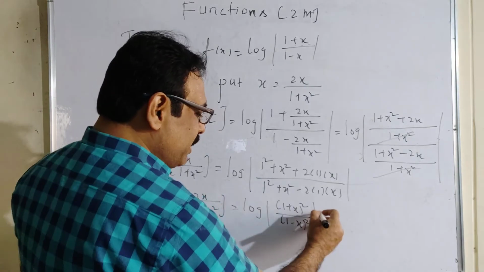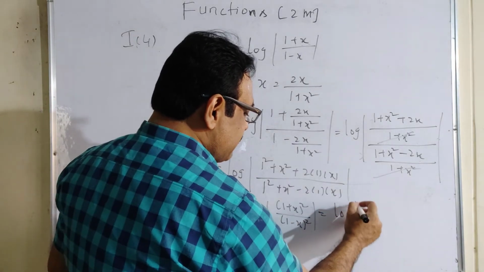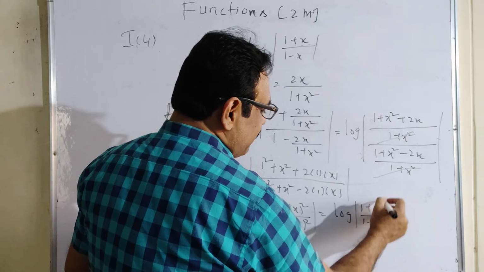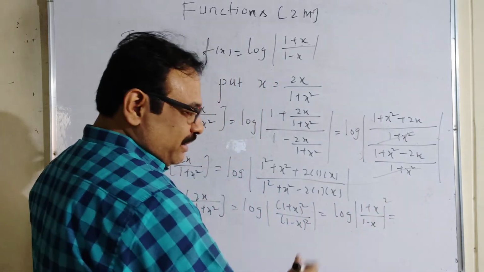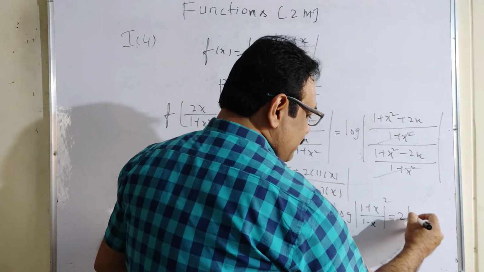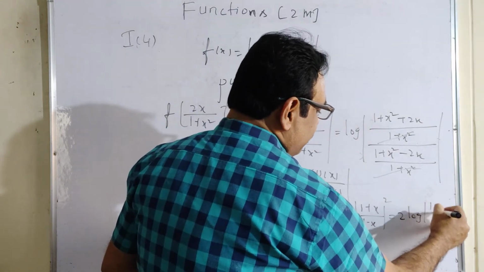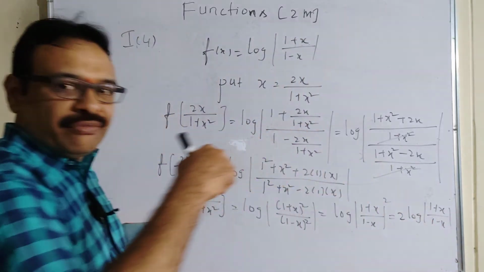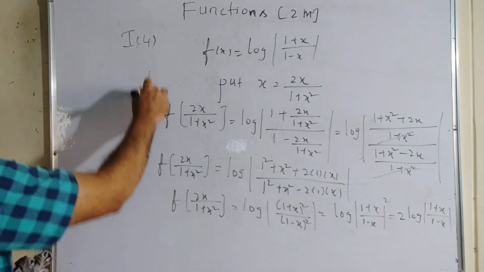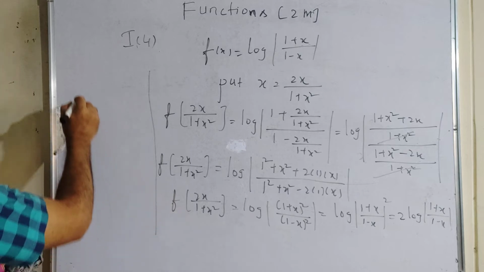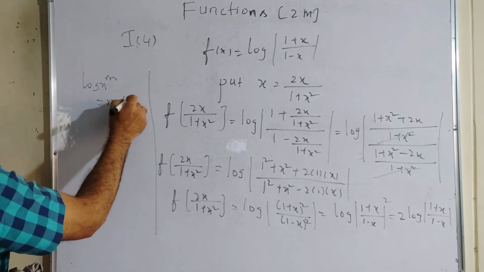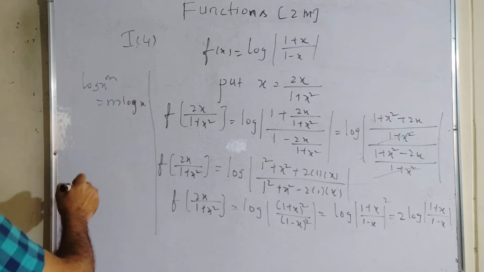Now this can be written as logarithm of (1 plus x) by (1 minus x) whole square, which can be written as 2 into logarithm of (1 plus x) by (1 minus x). The reason is very simple: logarithm of x power m can be written as m into logarithm of x.